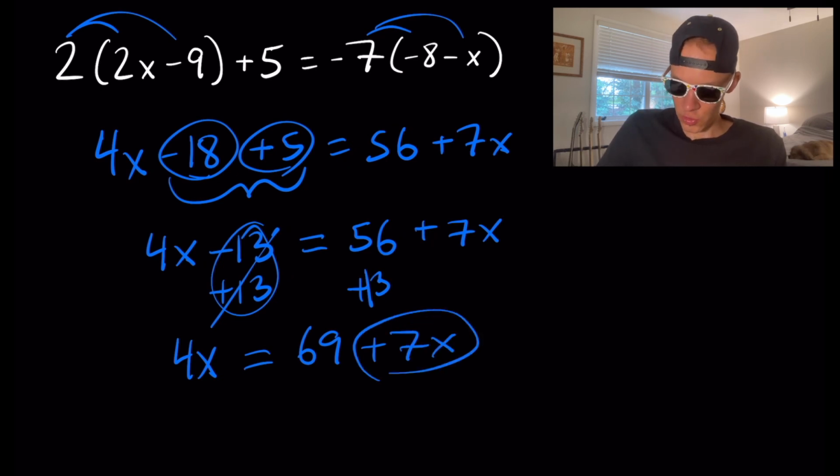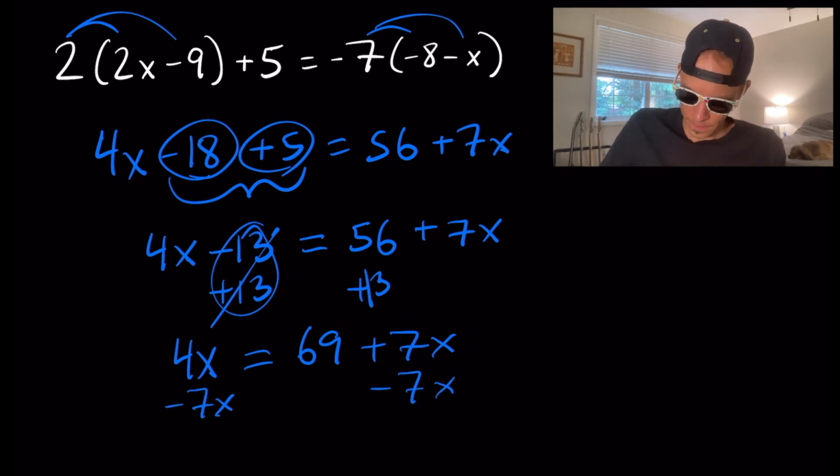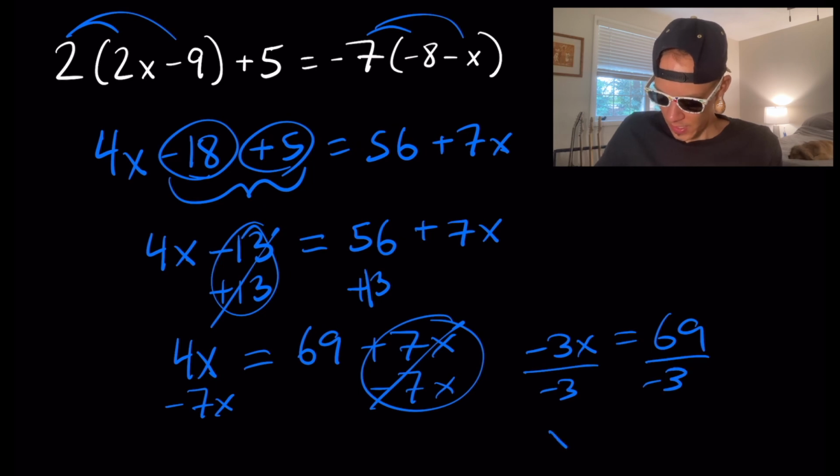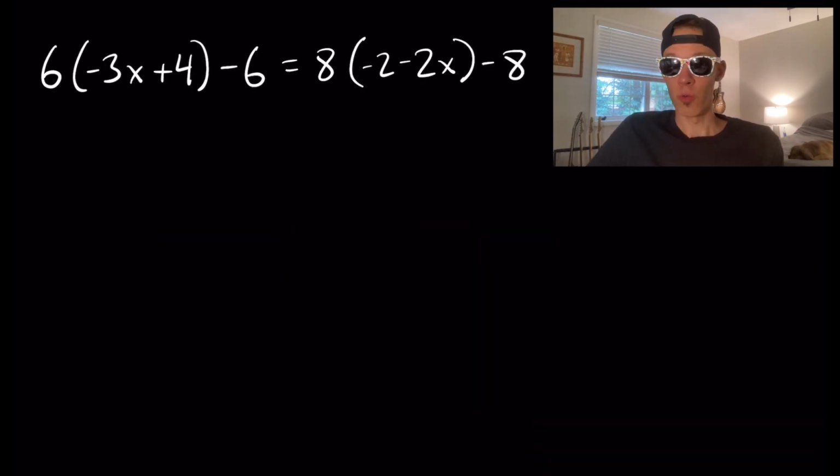I'll subtract 7x from both sides to move the x over to the left. So these will cancel. 4x minus 7x is going to be negative 3x, which is equal to 69. I'll divide both sides by negative 3 and get x is equal to, it's going to be 23, or it'll be negative 23.